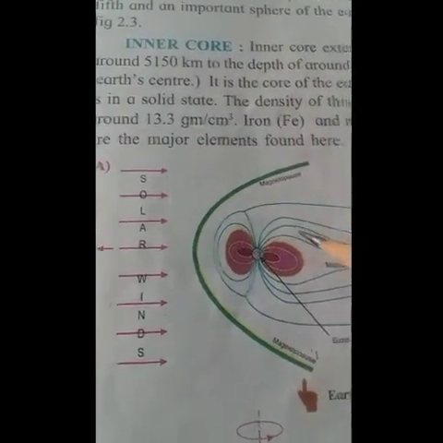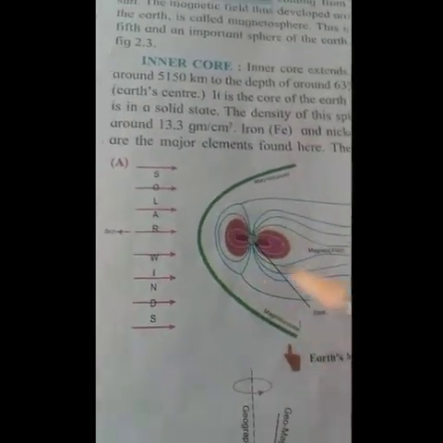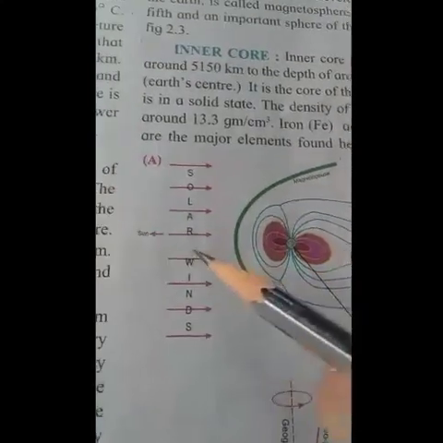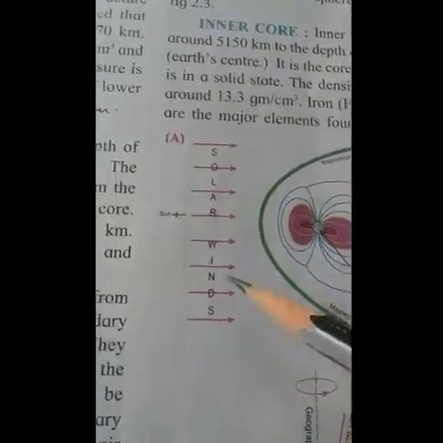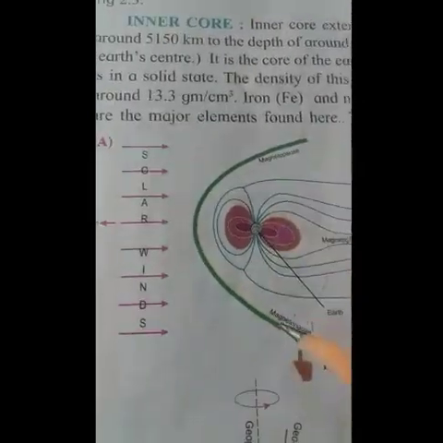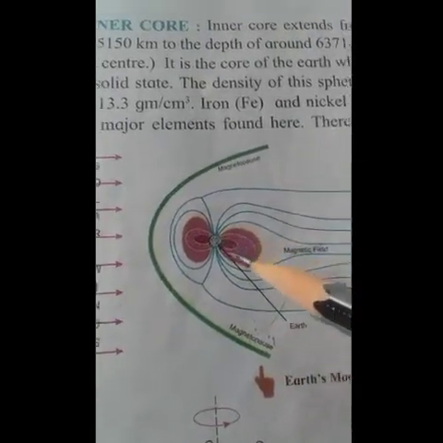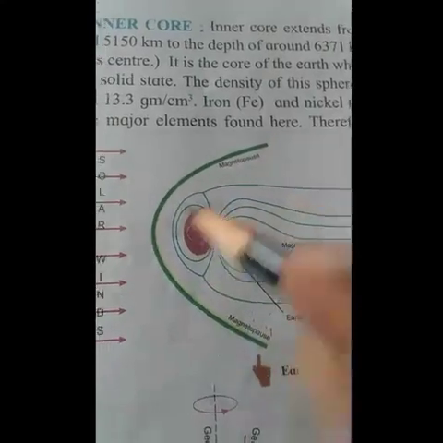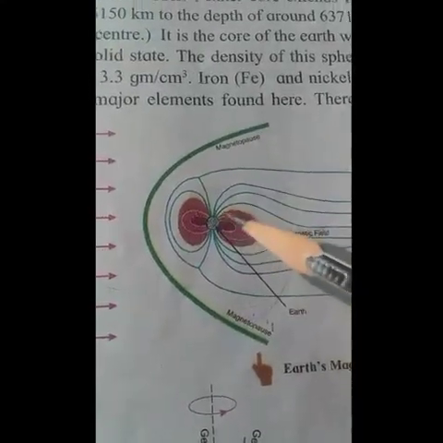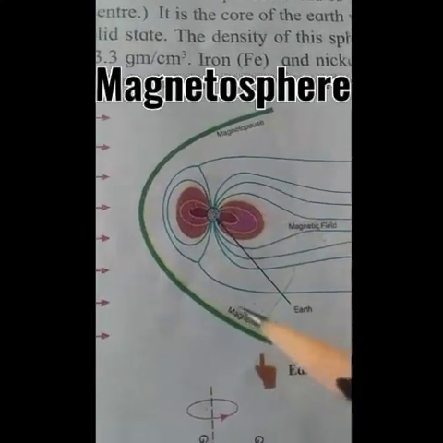And thus, the Earth's atmosphere is protected from the solar winds coming from the sun. The magnetic field thus developed around the Earth is called magnetosphere.